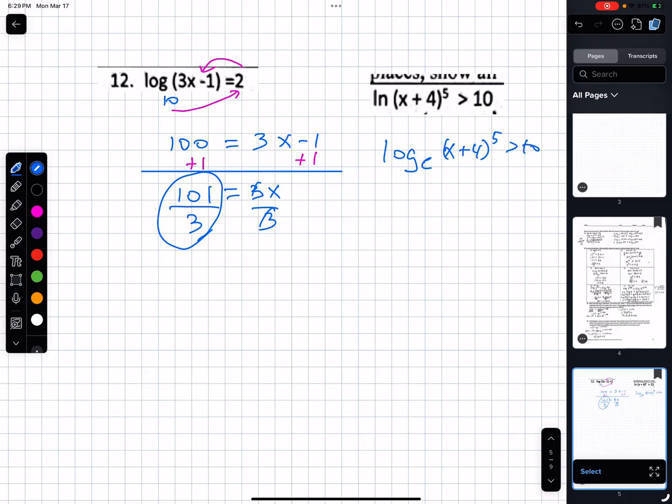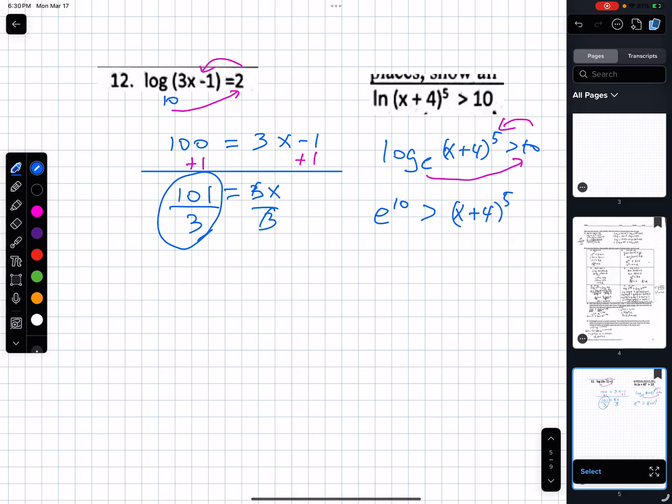I don't care about the inequality, it's the same thing. So e to the 10th is greater than (x plus 4) to the 5th.